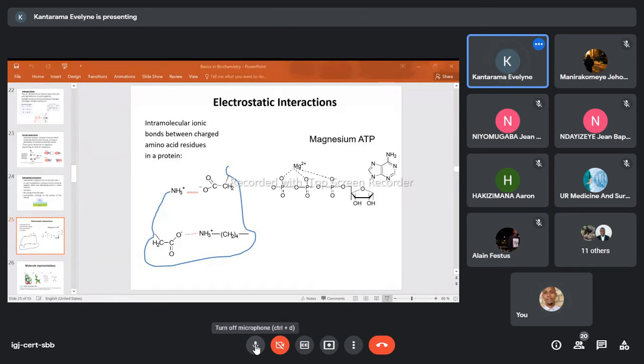Yes. Oh my goodness. Sorry, here. From here. On electrostatic interactions. Are you seeing the molecule representations?